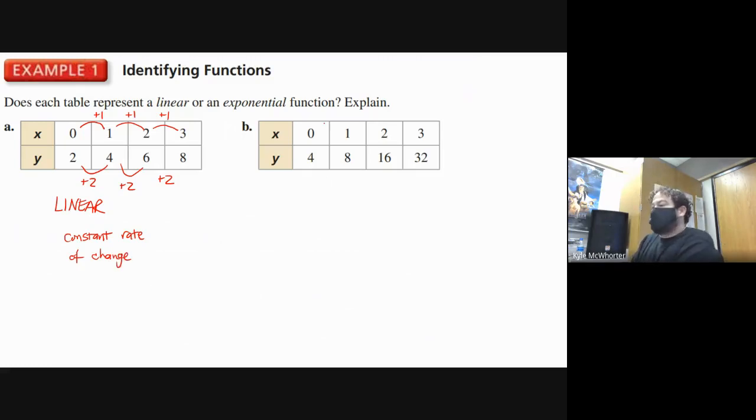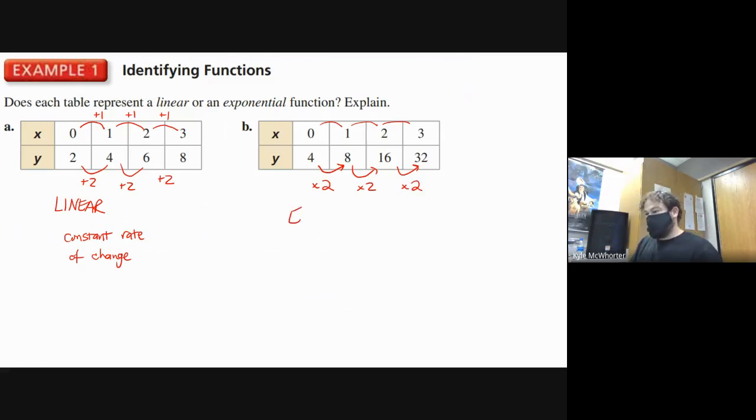What about on part B? The x value is still going up by 1 each time, but what's happening down here from 4 to 8, 8 to 16, 16 to 32? First it goes up by 4, then it goes up by 8, so it's not adding the same number each time, but it is actually multiplying by 2 each time. 4 times 2 is 8, 8 times 2 is 16, 16 times 2 is 32.